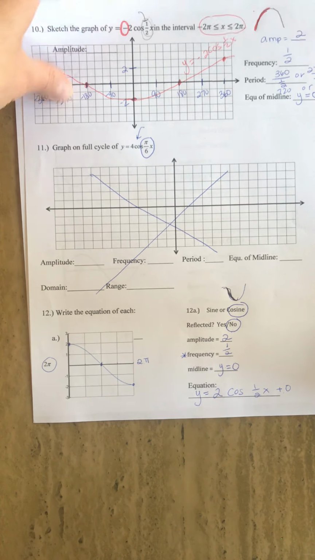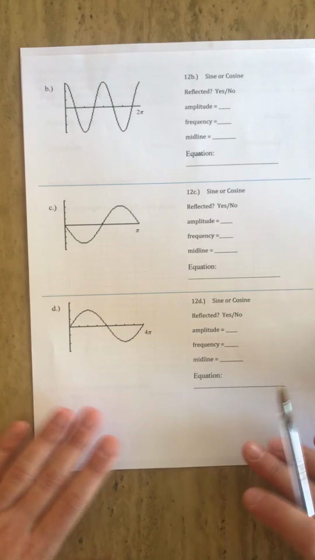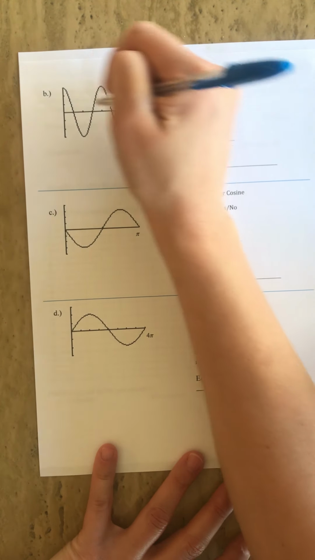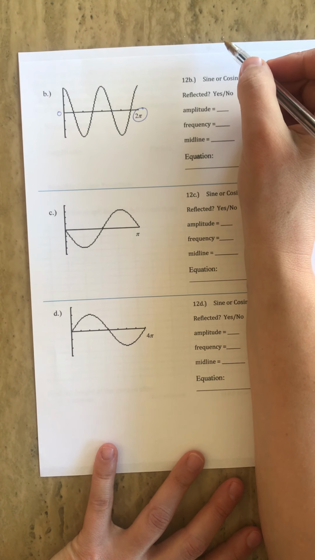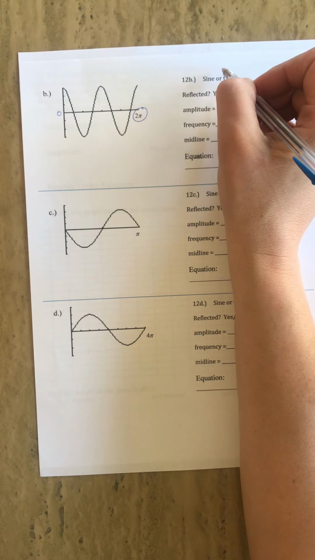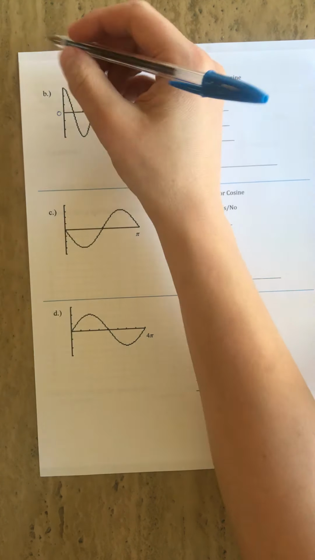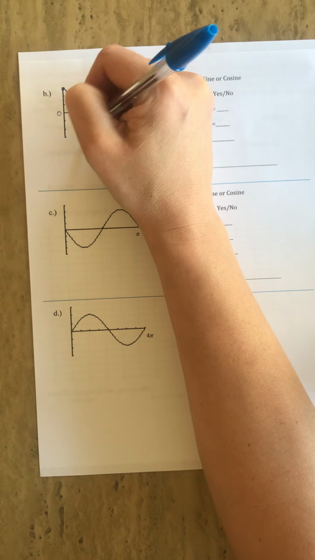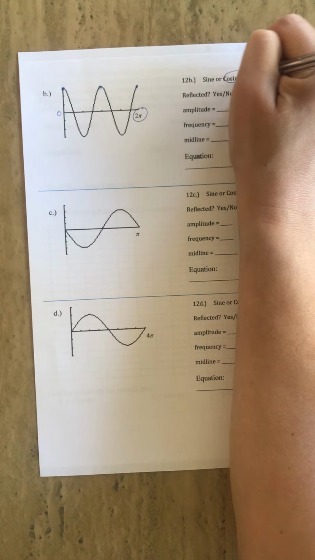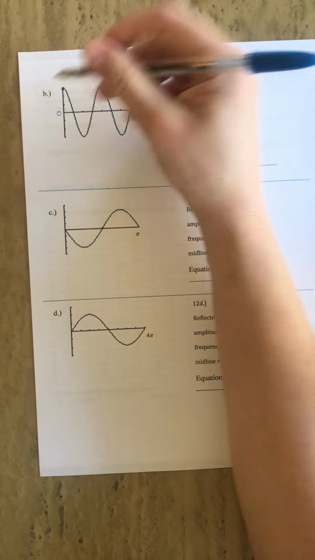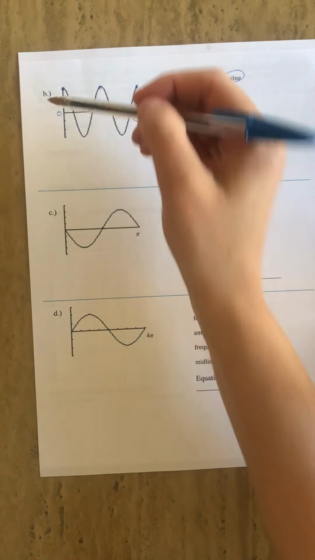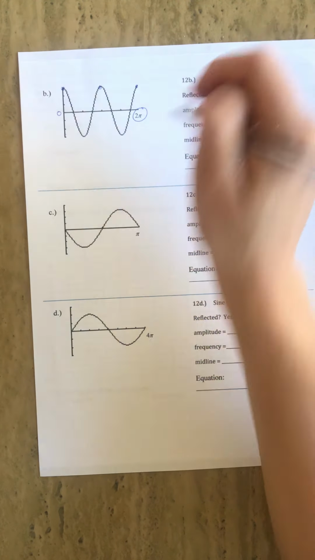All right, moving right along to the next question. Again, make sure you look to see that it's going from 0 to 360. That's extremely important when you guys are going ahead and doing that. You're going to go ahead and decide if it's sine or cosine, okay? You guys are going to see that we're starting at the amplitude again, ending, starting, ending. So it's cosine. It's not reflected, no, because obviously it would be flipped over the x-axis and start at that negative. The amplitude would be 3.